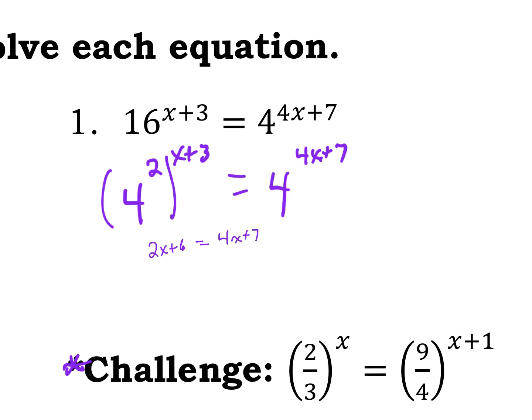And we're going to solve. So when we solve here, we subtract the 2x from both sides and get 2x. We subtract 7 from both sides, and we get that 2x is equal to negative 1. So x is equal to negative 1/2.